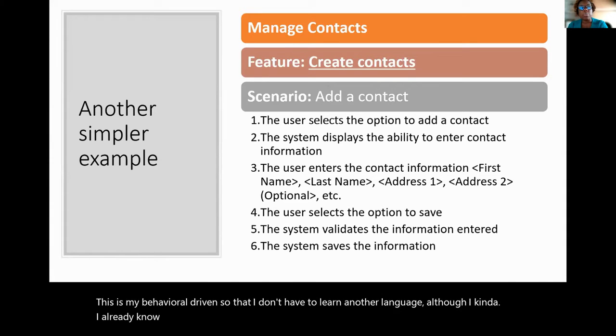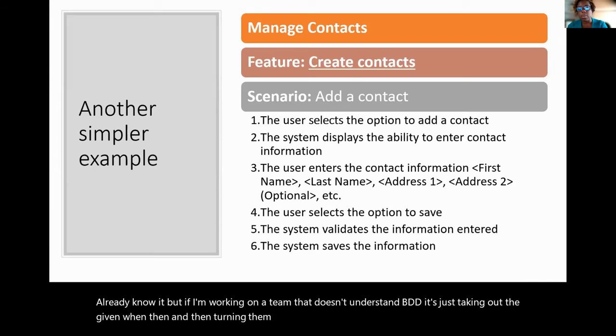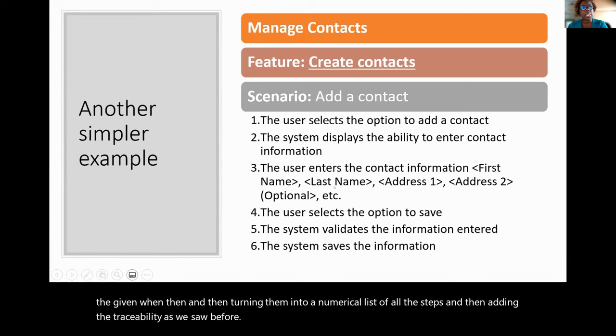But if I'm working on a team that doesn't understand BDD, it's just taking out the given, when, then, and turning them into a numerical list of all of the steps, and then adding the traceability as we saw before. So that kind of makes it simpler.